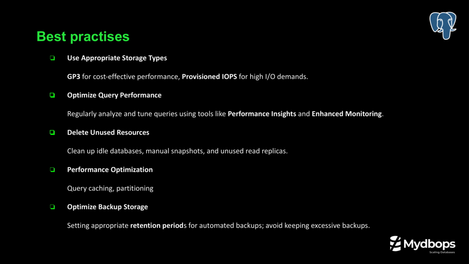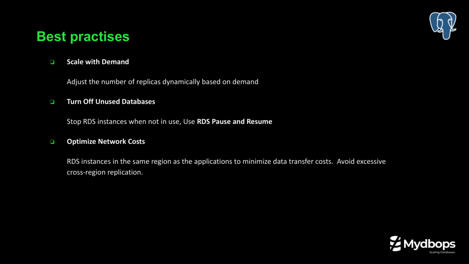We can also use cross region snapshot copies whenever necessary to reduce the storage duplication cost, because the costs also vary in the AWS regions. Then we can scale as per demands. So using reader servers or read replicas only in time of demand is also a crucial aspect in cost saving.